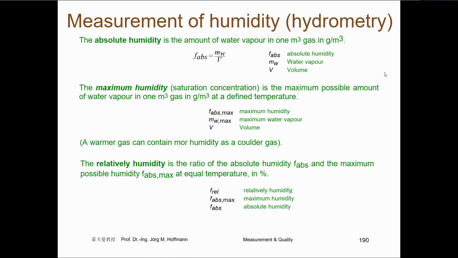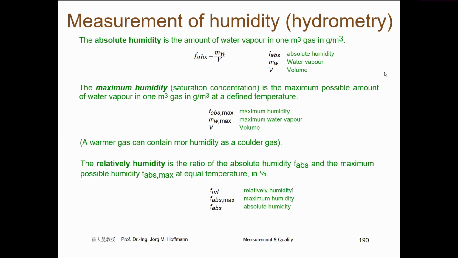You see it on a window when it is, for example, outside cold, inside it is warm, and the temperature on the window is under this point that the air can contain the humidity, then you get the water directly on the window.